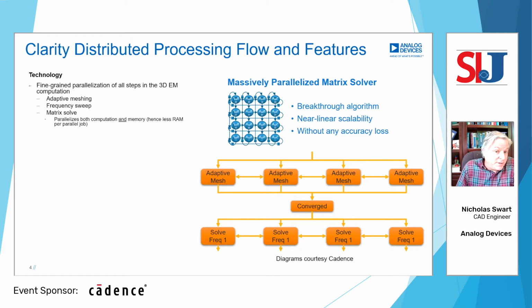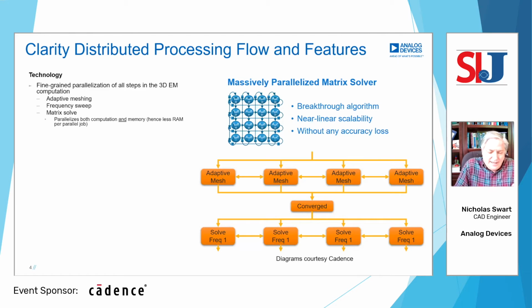Those who are familiar with electromagnetic simulations will recognize some of these steps: adaptive meshing, frequency sweep, and so forth. It takes those steps and distributes that computational work across a compute farm of machines, each machine itself having multiple cores. And the key thing to note with Clarity is not only does it distribute the computational work, but it distributes the memory required to do the computation.